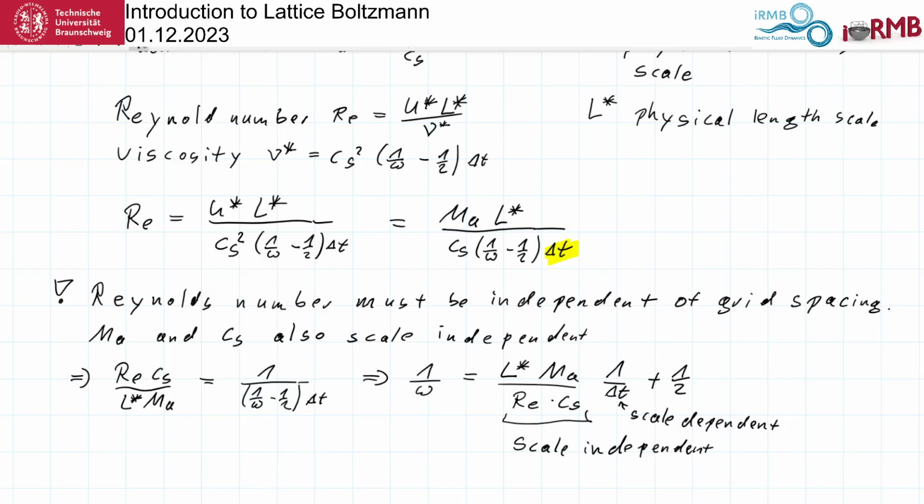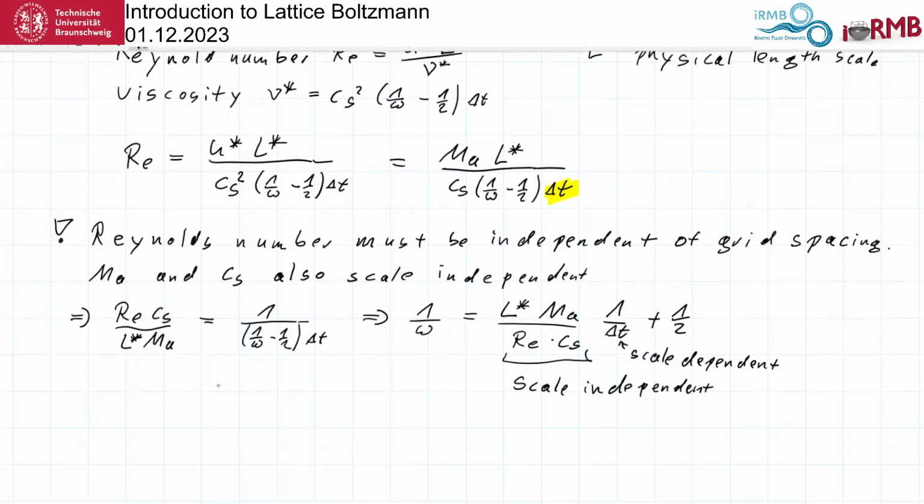And then we have a plus 1/2 still. So we have to make the entire thing here scale independent. In order for this to be scale independent, this omega obviously has to be scale dependent. So omega depends on the scale, on delta t.